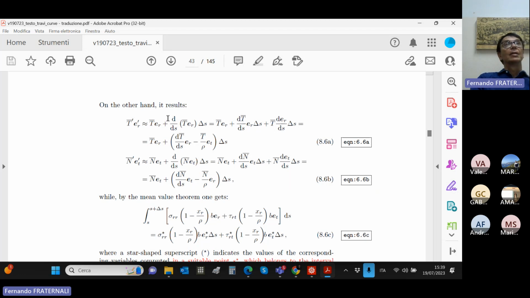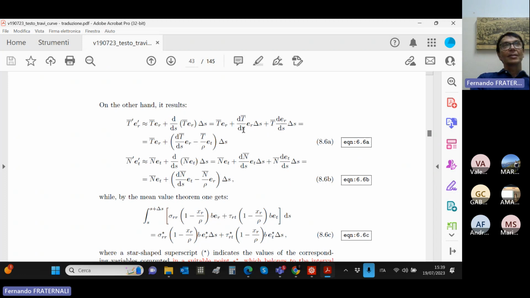By using the Taylor formula truncated at the first order, we can write this result. So we take the derivatives of this quantity. We have to take the derivative of T bar multiplied by e_r plus T bar multiplied by the derivative of e_r.